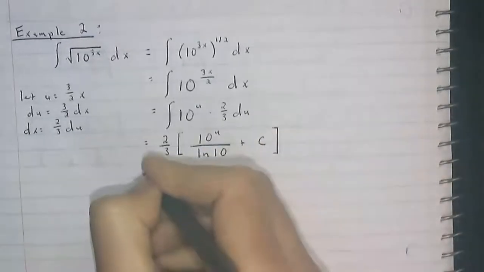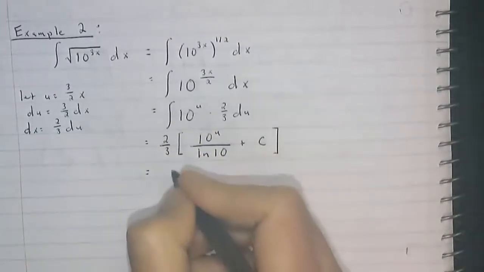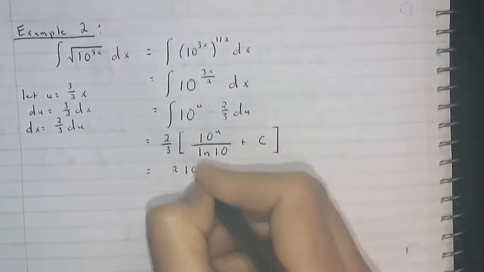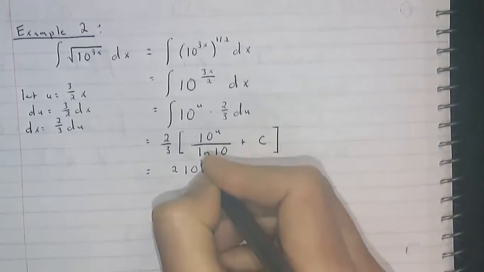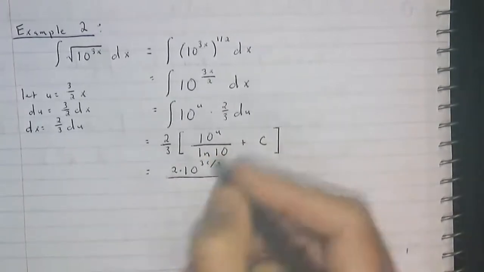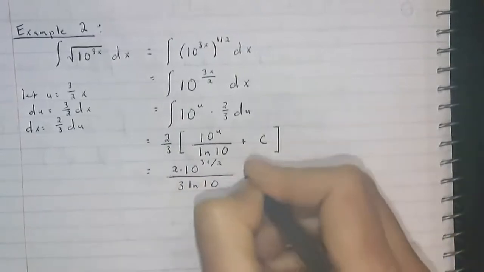And then subbing back in for u, we end up with 2 times 10 to the 3x over 2 divided by 3 times the ln of 10 plus c.